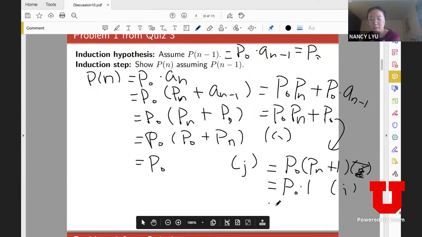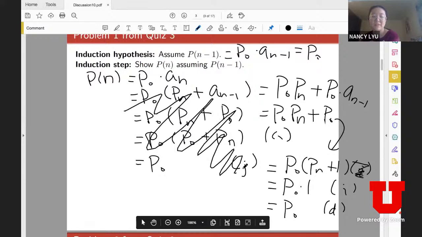Okay, and then next step, you're gonna use identity to get P0. And that's D. Okay, just ignore this part. I think the solution is wrong.